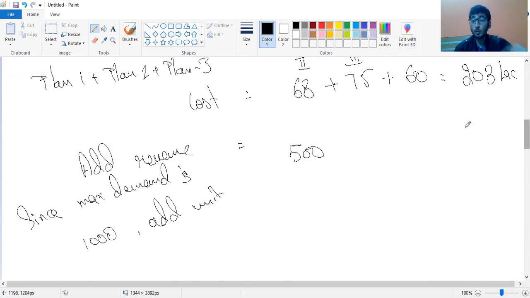Now you are able to produce 1000 units. So the additional units which you are producing are 500, and one unit gets you additional revenue of 50,000. So I can say you are able to earn 250 lakh.